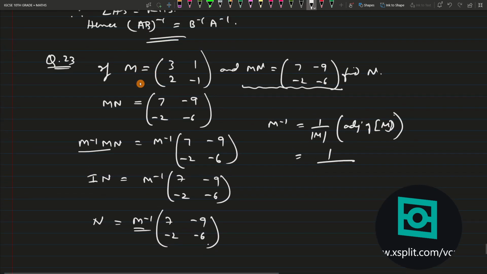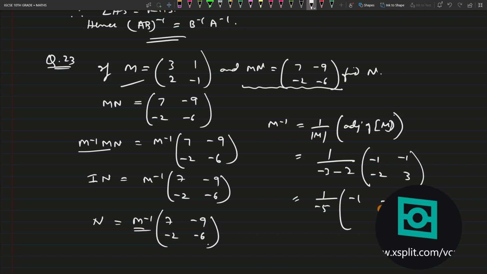Okay, this is my M. So 3 into minus 1 will be minus 3, minus 2 ones are 2, times adjoint of this M, which will be minus 1 and then 3, minus 1 and minus 2. This works out to 1 upon minus 5 times minus 1, minus 2 and 3.